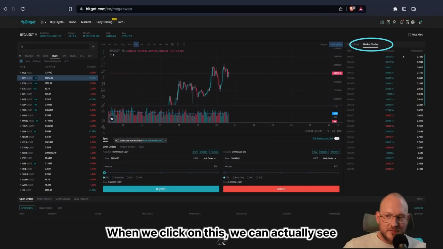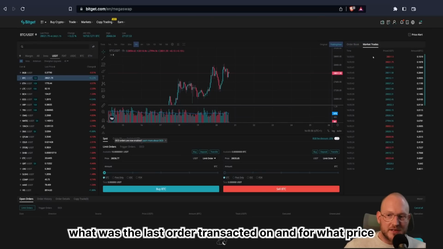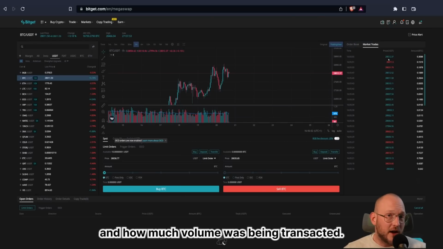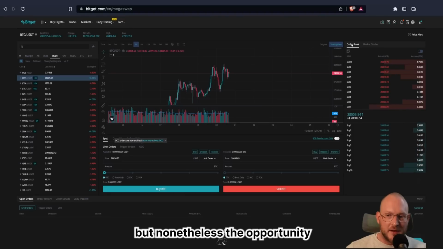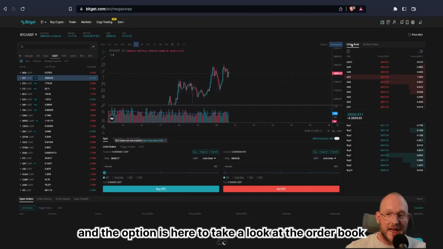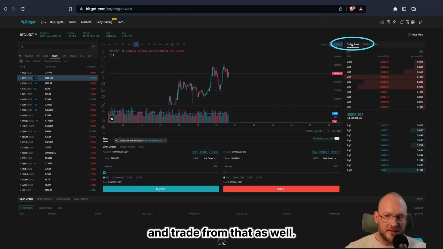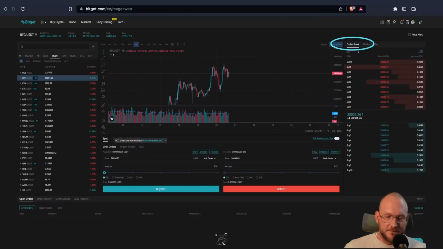When we click on this, we can see what the last order transacted was, for what price and how much volume was transacted. Not going to lie, this is already more for the advanced trader, but nonetheless, the option is here to look at the order book and trade from that as well.